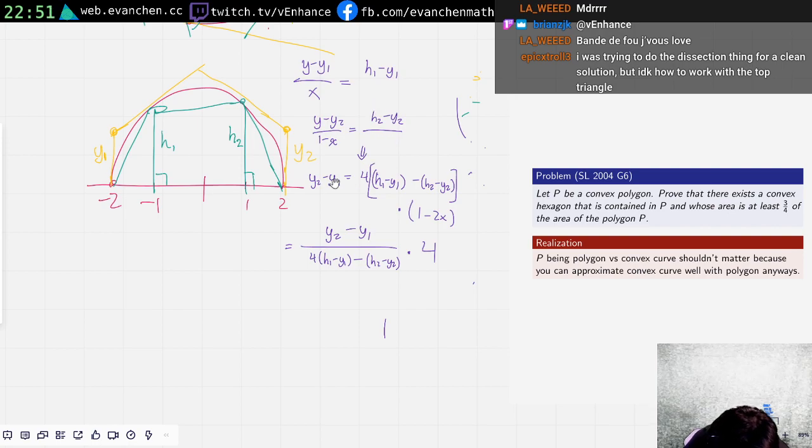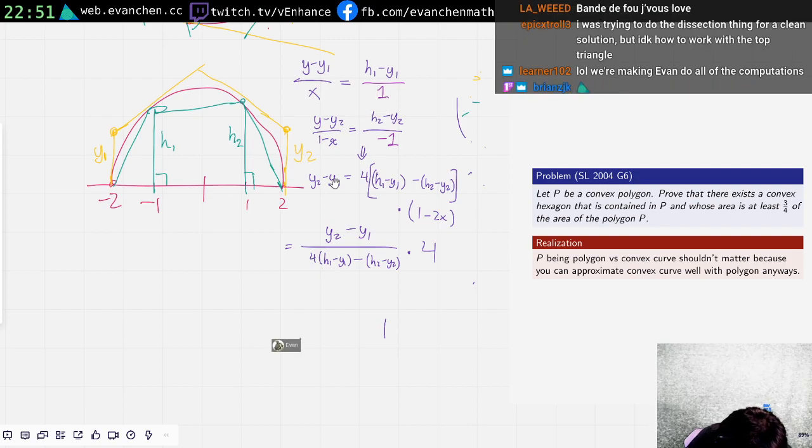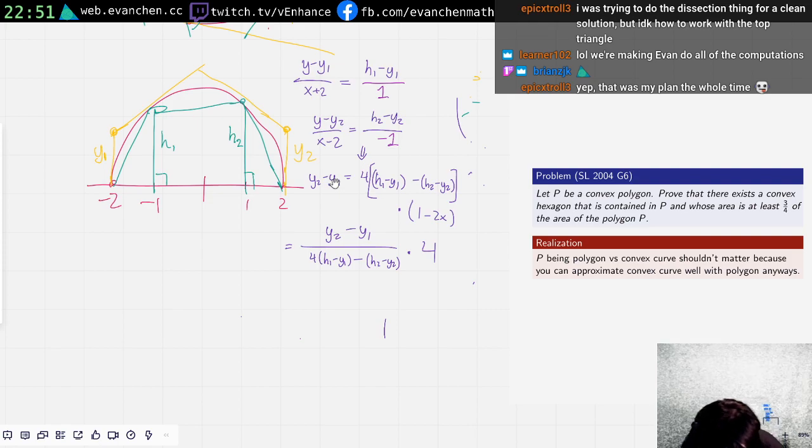They're just ones. h2 minus y2. Actually, this is a -1, so I had a sign error already in the previous calculation. And then this is y minus y1 over x plus 2. This is x minus 2. Okay, that way there's no awkward constants.